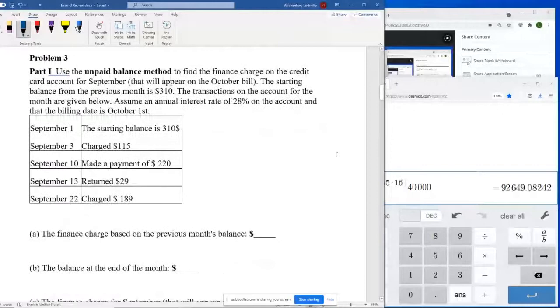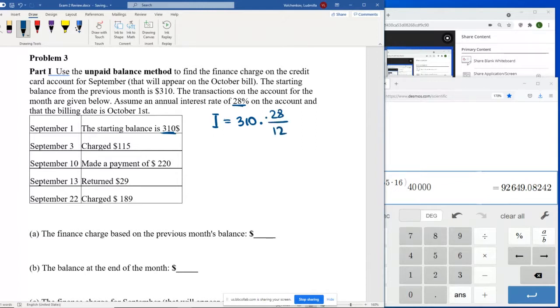Problem 3, unpaid balance method. In the unpaid balance method, we actually don't care about the dates here. We first find the finance charge based on the previous month's balance, or the starting balance here, 310, multiplied by the percent, 0.28, divided by 12.